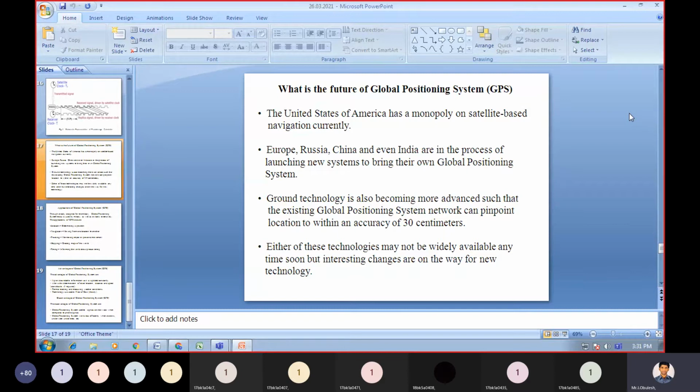Up to now, they are not designing their own satellites or GPS; they're following only the United States of America GPS system. But these countries are in the process of launching a new system to bring their own global positioning system.